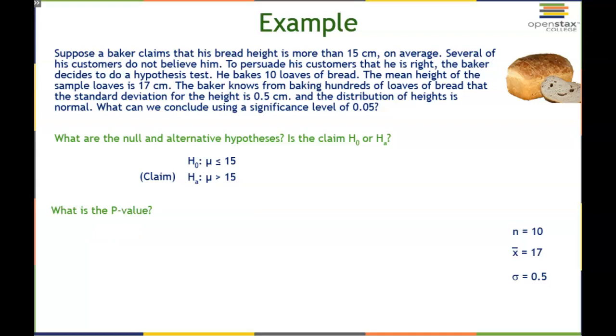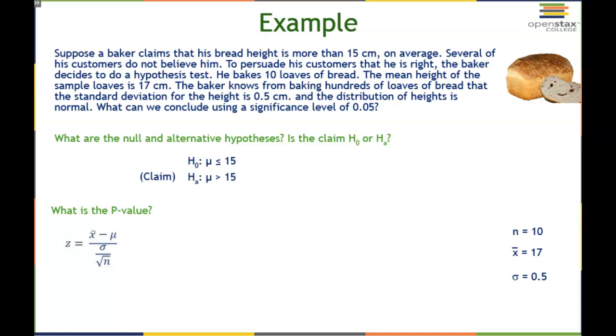Because we're dealing with the mean and we know our standard deviation, we're just going to run a normal z-test. So x bar minus mu all over sigma divided by the square root of n. We have all of these values. Our x bar is 17. Our mu is 15. Our standard deviation is 0.5. And our n is 10.